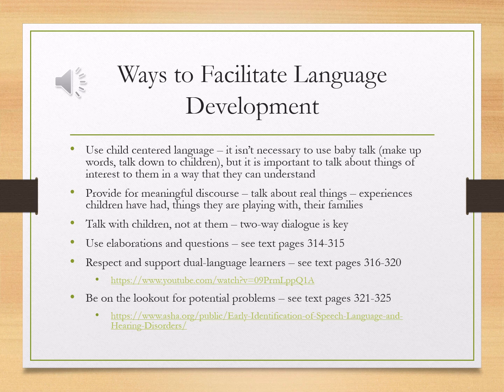It's not just talking to children or at them, it's talking with them. So when you talk about things that children are interested in, have experienced, and are doing, they're much more likely to participate in the conversation and learn about that two-way dialogue, because that's part of that pragmatics piece, is learning how to engage in a conversation with others, not just be talked at or talked to.